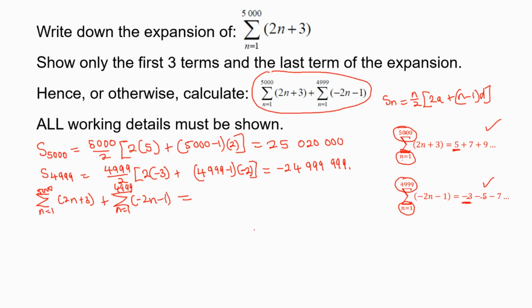Then we just add these two: 25,020,000 plus negative 24,999,999. Plus negative gives you minus. Then the answer is 20,001. Okay, we have evaluated that.